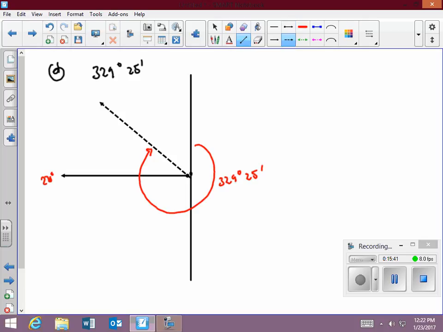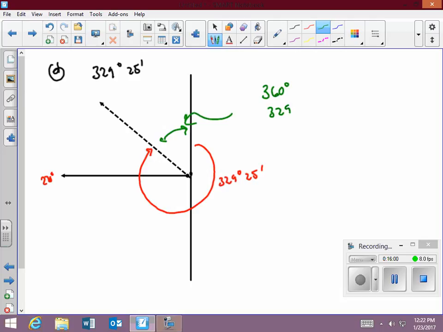So the angle that you want to get is going to be this angle, because you're always going north-south. So that one is 360, and then you're going to go 329, 25.